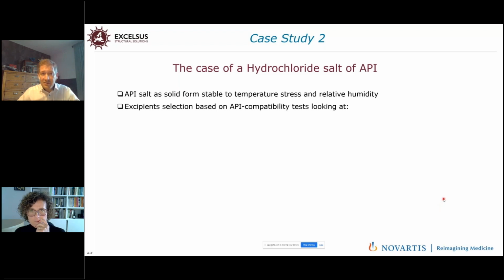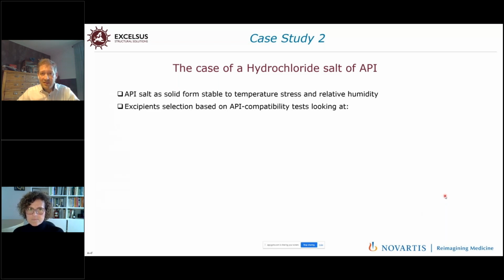In this case study, we have been focusing on an HCl salt, a hydrochloride salt of an active pharmaceutical ingredient, and we were a bit suspicious about the selection of this salt. The salt was showing really good biopharmaceutical performance, but we knew that the API has quite low basicity.